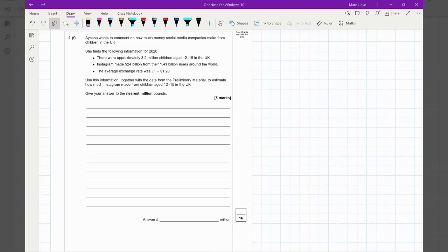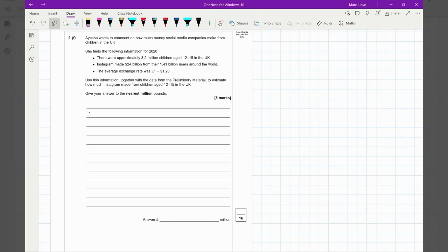Okay, so Aisha wants to comment on how much money social media companies make from children in the UK. She finds the following information, which is below. Use the information together with the data from the preliminary material to estimate how much Instagram made from children aged 12 to 15 in the UK.